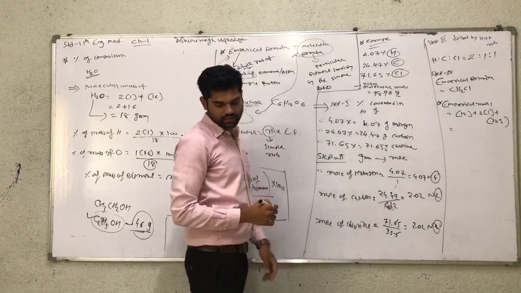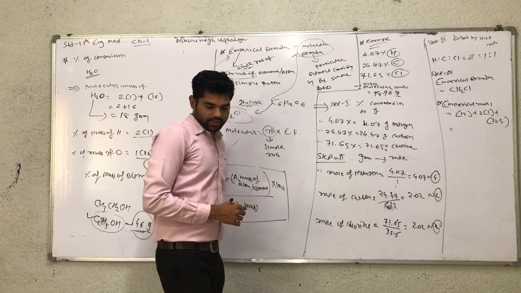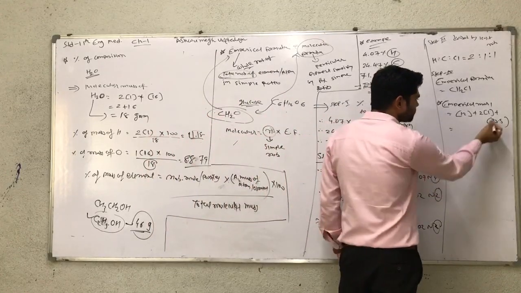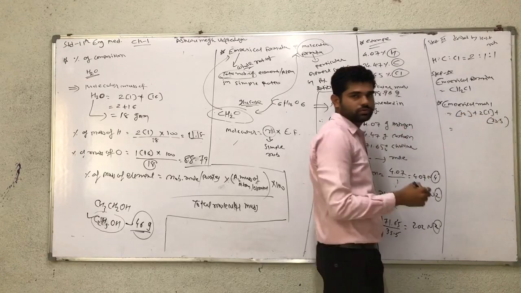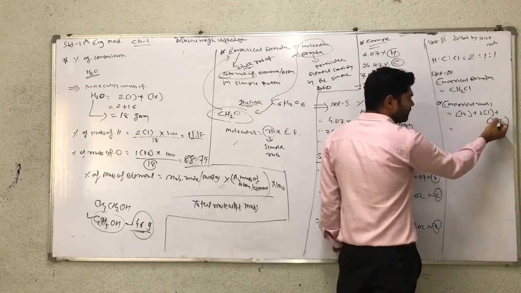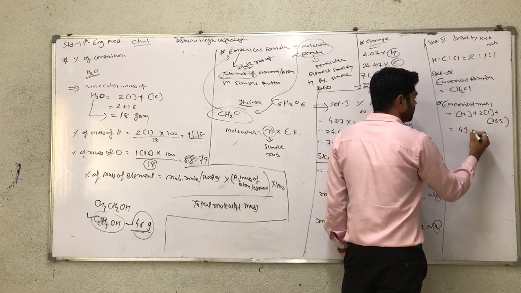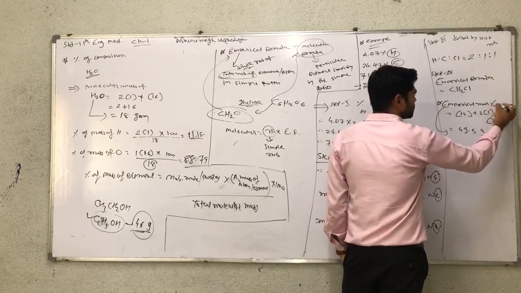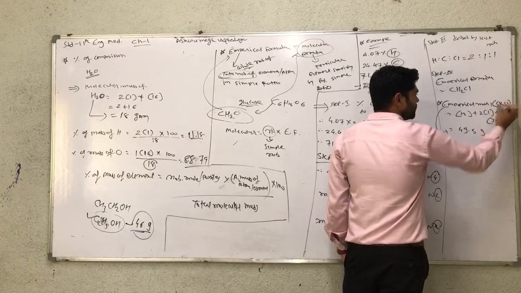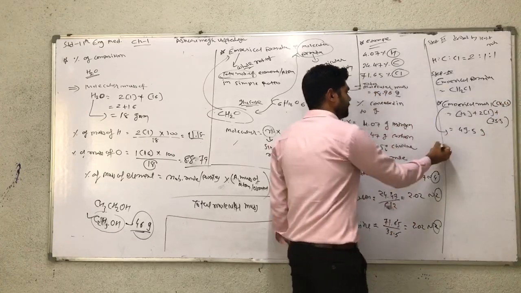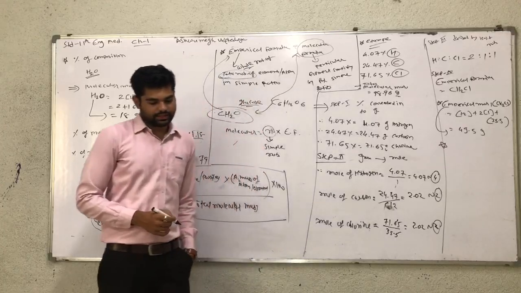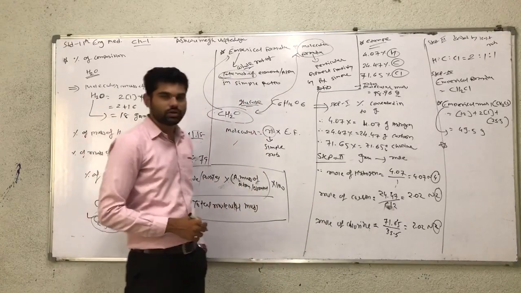The sum of all numbers: 12 plus 2 is 14, 14 plus 35.5, therefore 49.5 grams is the empirical mass of CH2Cl.